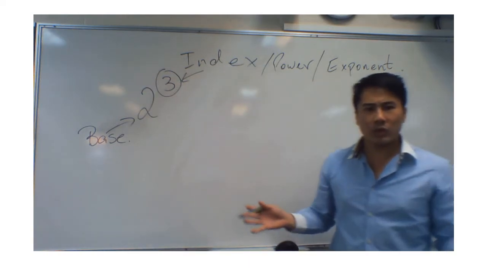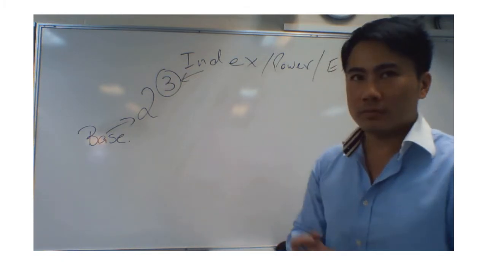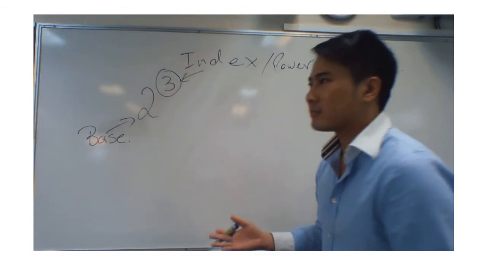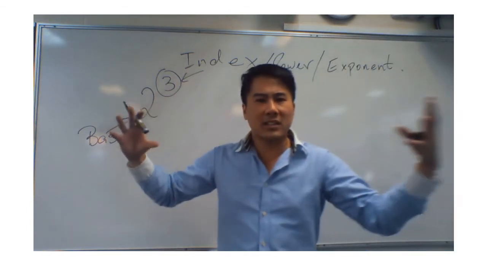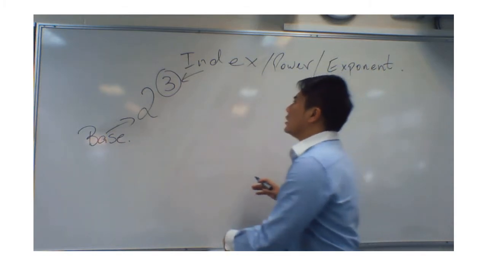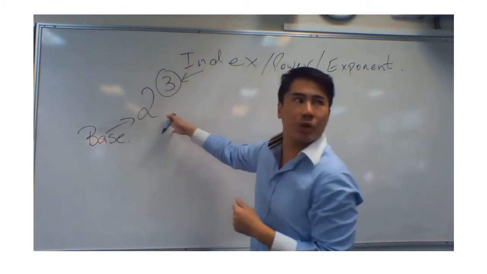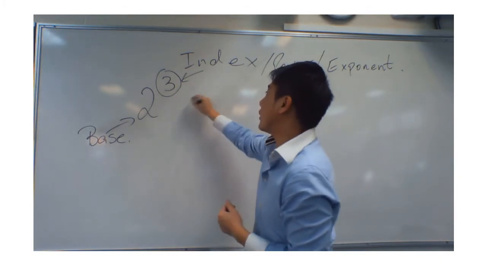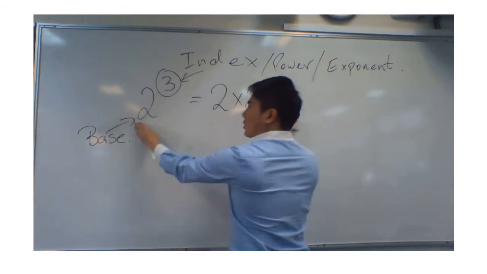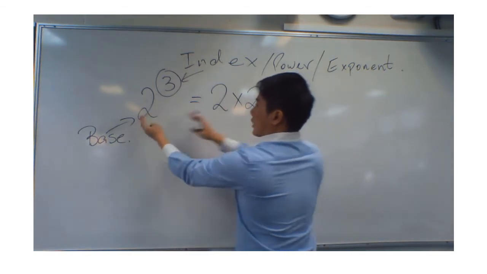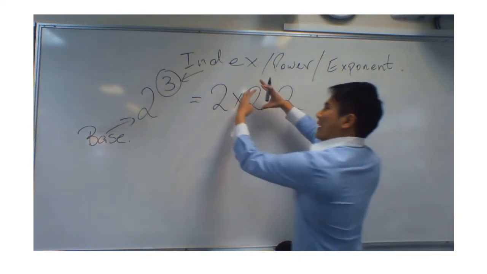But you would have also heard to express your answer in expanded form. What does that mean? What does expand mean? Expand means we make something bigger, right? So basically what it's asking is, what does 2 to the power of 3 mean? Well, it means 2 times 2 times 2. These 2 expressions mean exactly the same thing, but it just looks expanded.